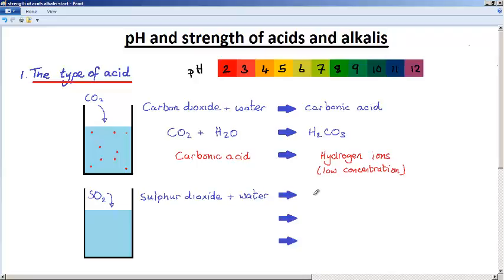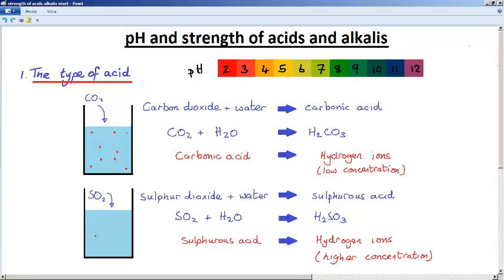We can write the formula: SO2 plus H2O produces H2SO3, sulfurous acid. Now this acid is a lot more capable of producing hydrogen ions than carbonic acid. So sulfurous acid produces hydrogen ions in a much larger concentration.